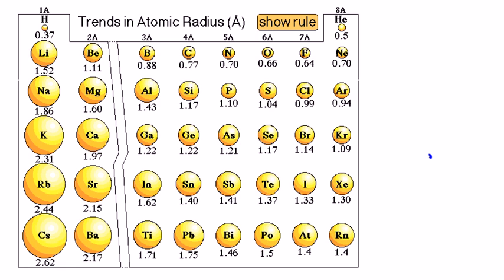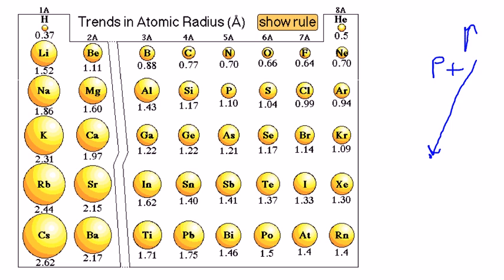As I move to the right, I have more protons. I increase my protons in the nucleus, and more protons means there is more positive charge to attract those negatively charged electrons.